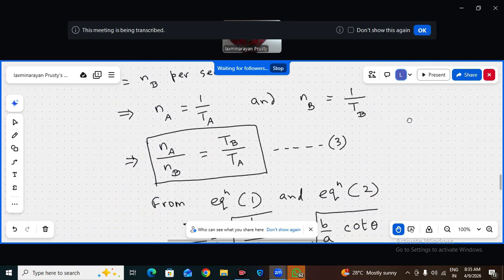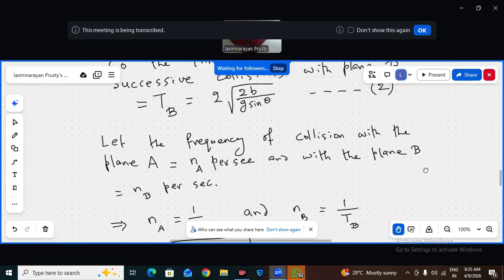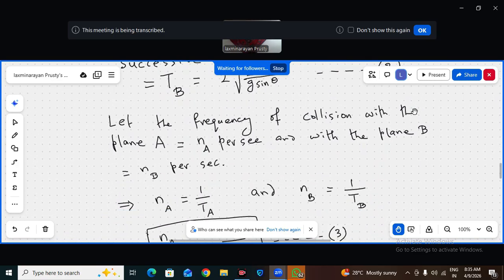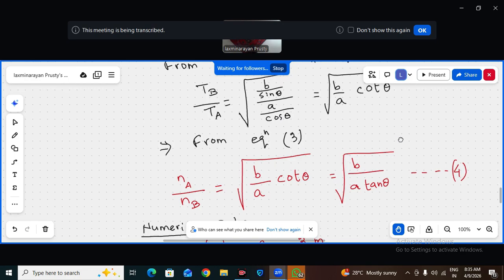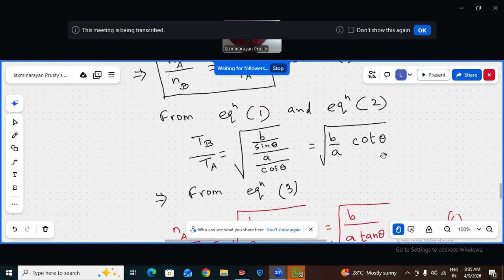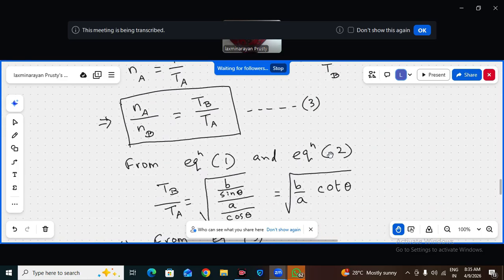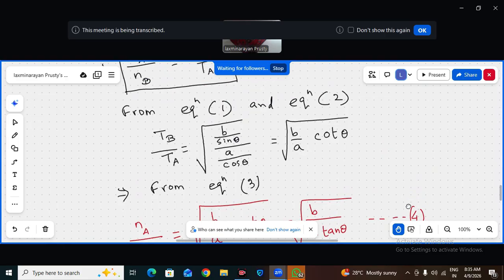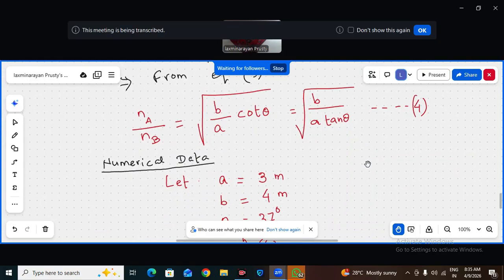So the ratio will be b by sin theta over a by cos theta, the root over only. So this becomes b by a cot theta. So NA by NB, from equation 3, will be TB by TA, or root over of b by a cot theta, or b by a tan theta. Okay.